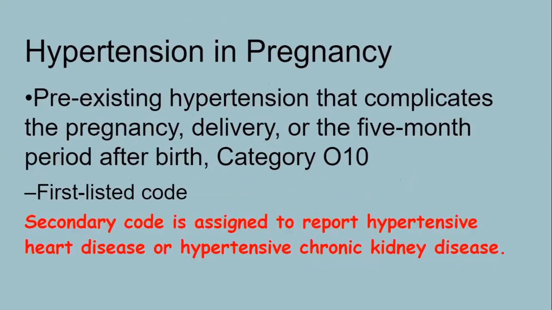Hypertension in pregnancy. Pre-existing hypertension that complicates the pregnancy, delivery, or the 5-month period after birth, category O10, first listed code. A secondary code is assigned to report hypertensive heart disease or hypertensive chronic kidney disease.